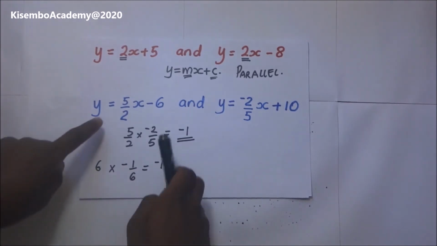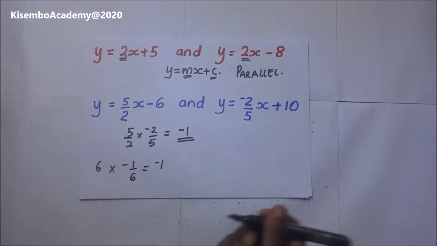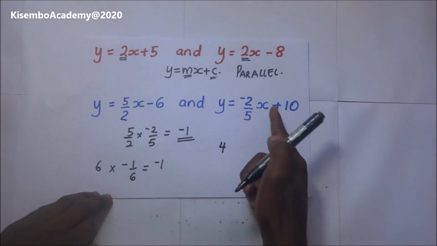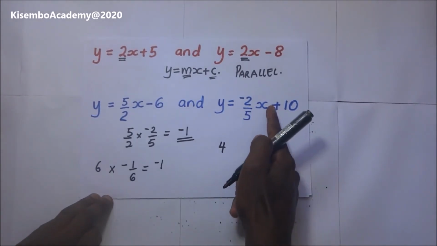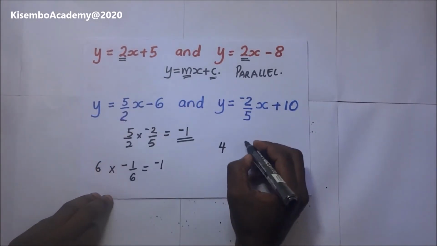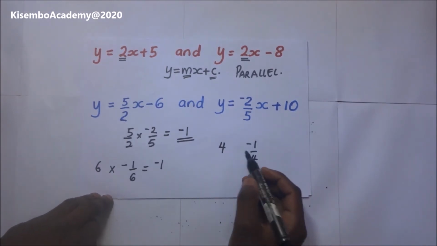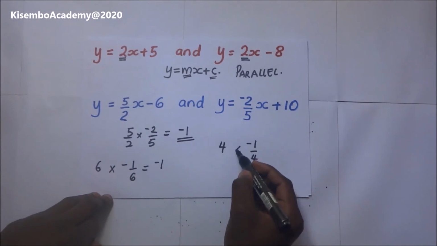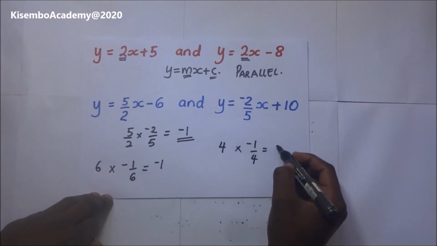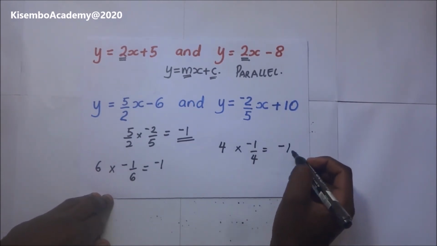If the gradient of this line was 4, the gradient of the other line will definitely be the negative reciprocal of this one, so it's going to become -1/4. Why the negative reciprocal? Because when you multiply these two gradients, they should give us -1.